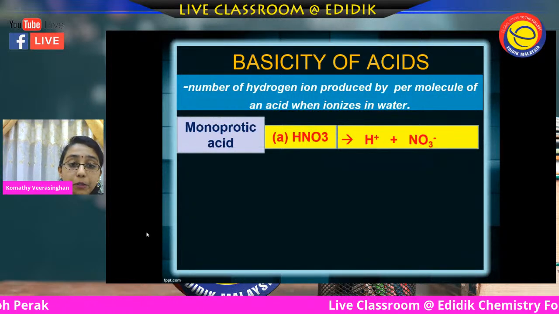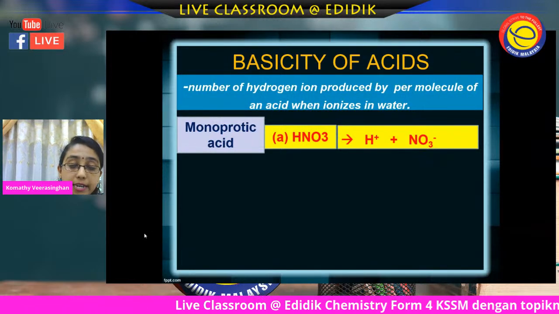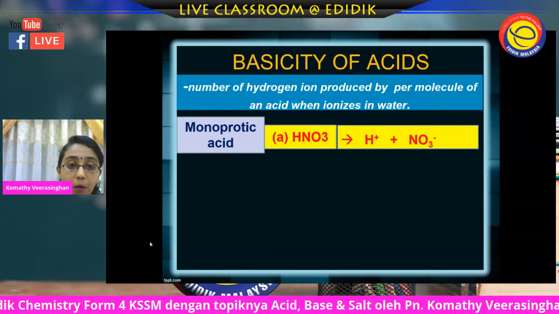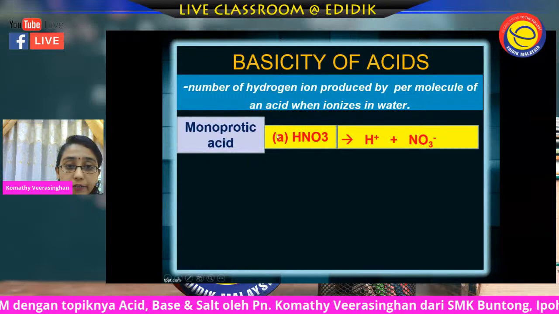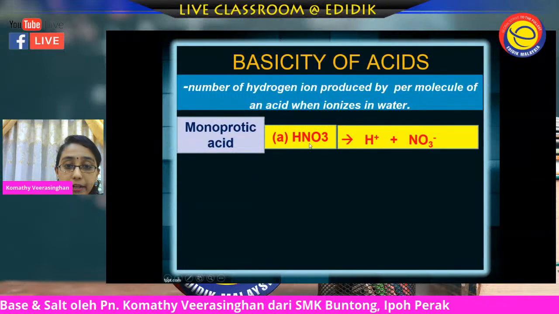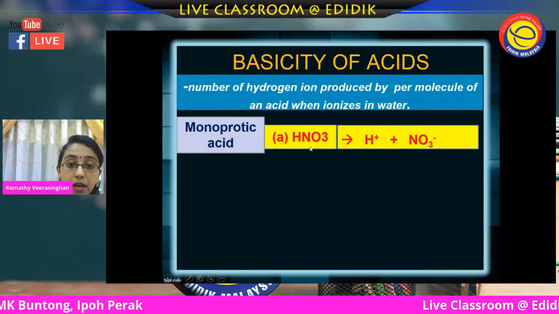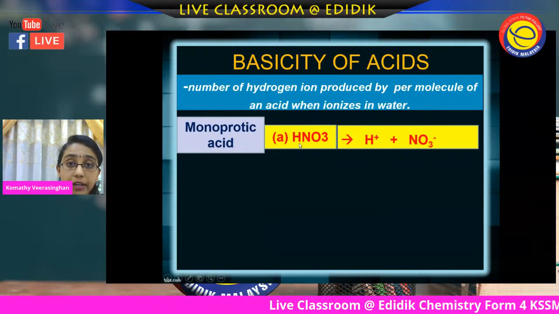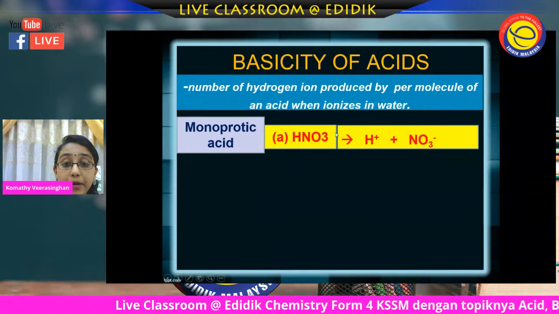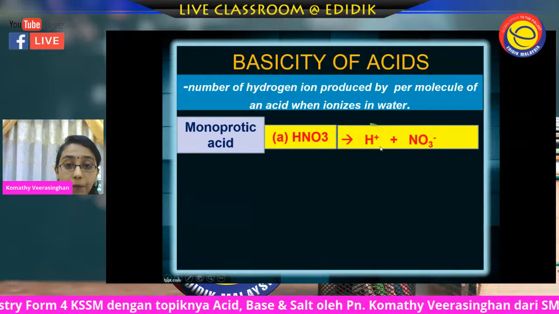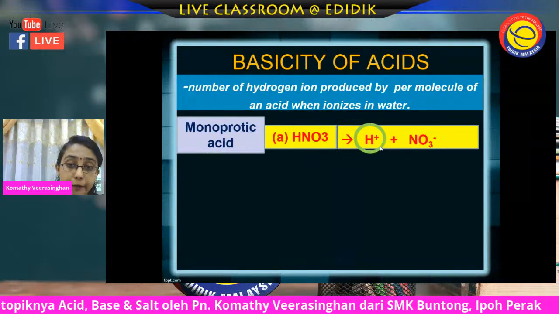Now, an example of a monoprotic acid is nitric acid. As I explained to you just now, the formula of nitric acid is HNO3. One molecule of nitric acid consists of 1 hydrogen atom. Thus, when it ionizes in water, it produces only one hydrogen ion.